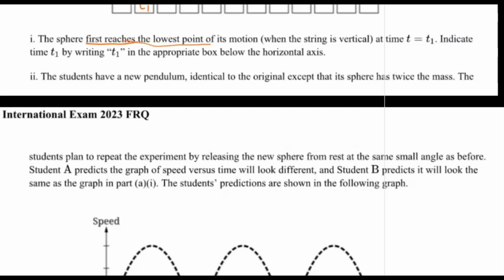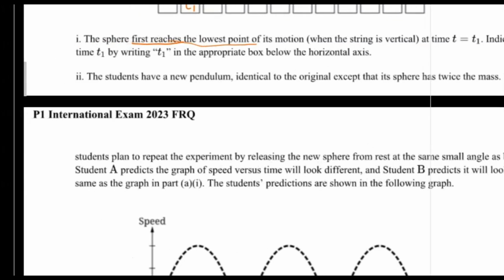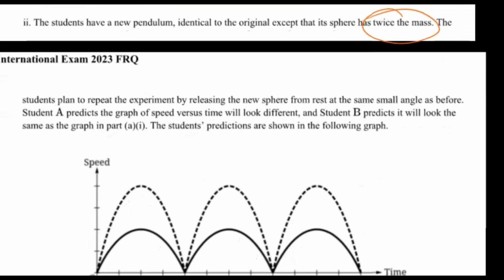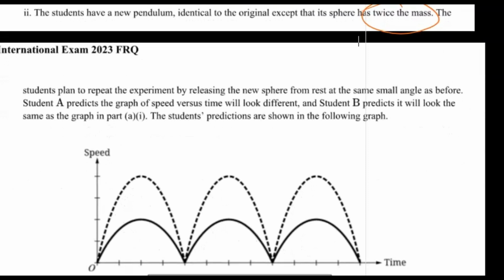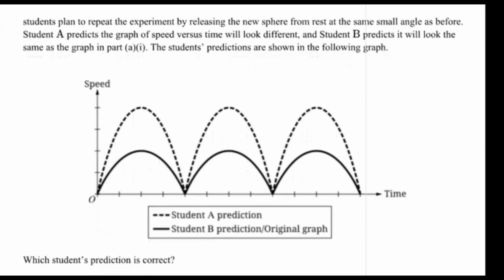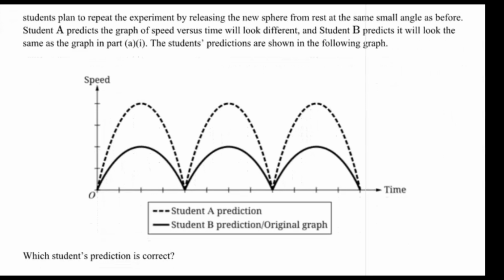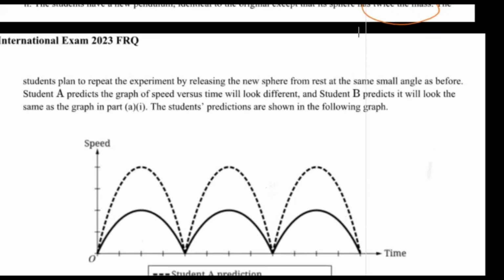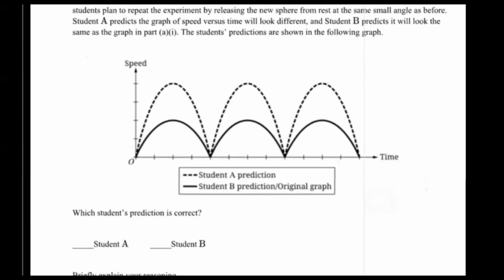Alright, so the next thing says the students have a new pendulum. It's identical except the sphere has twice the mass. So let's circle that, twice the mass. And they plan the same experiment at the same small angle. And they're trying to predict the speed of this new pendulum system versus the original experiment.